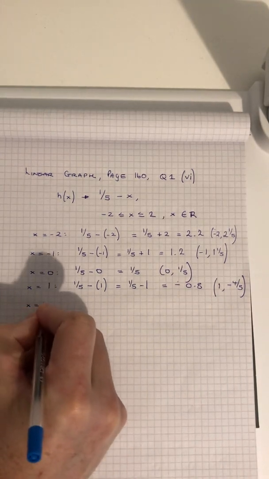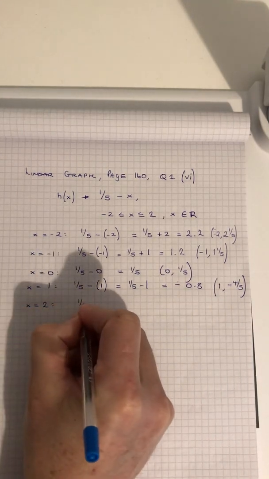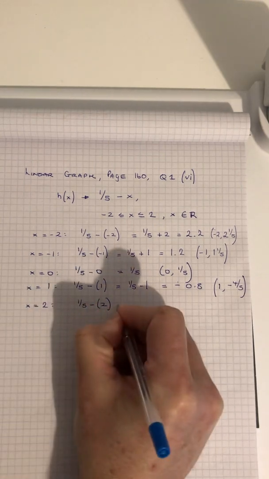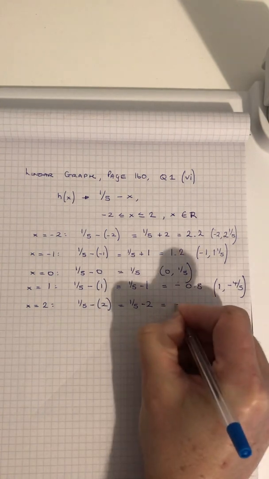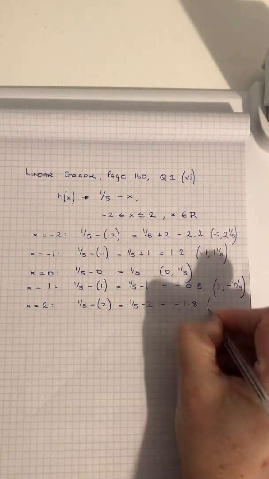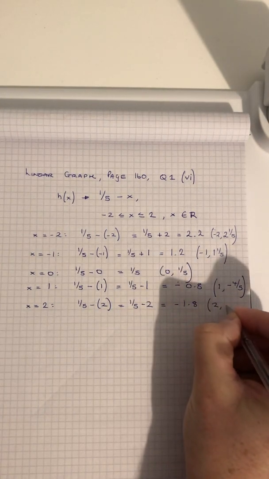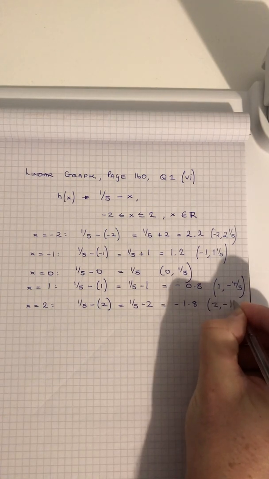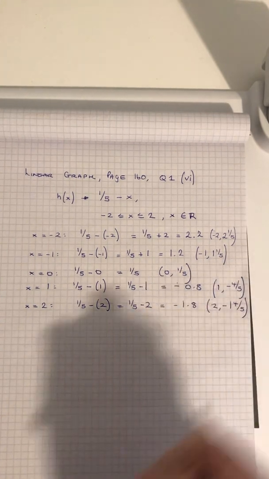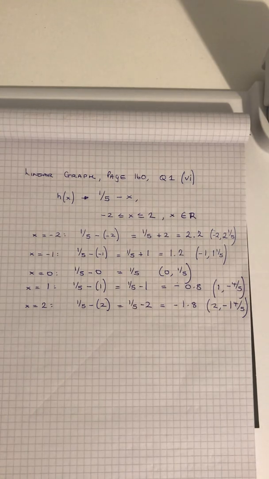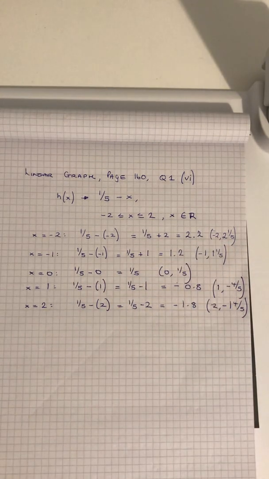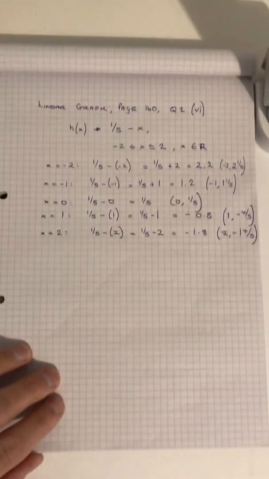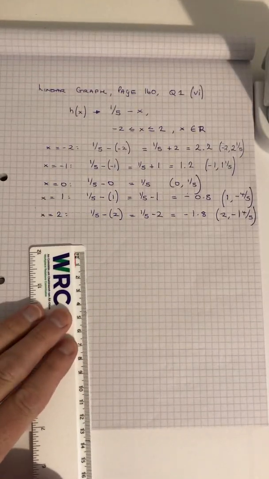And finally, when x is 2, 1/5 minus 2, which is equal to minus 1.8, or 2, comma, minus 1 and 4/5. Okay, so that one's a bit more complicated because you have decimals and fractions, but that's like one of the examples you have. And again, now you're going to draw out your graph.